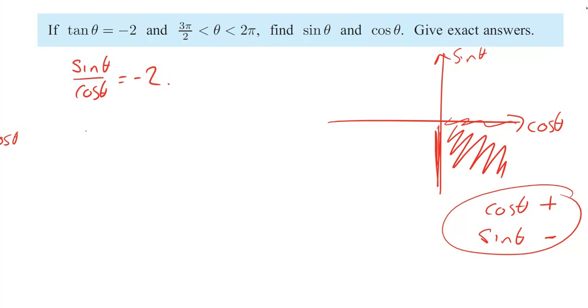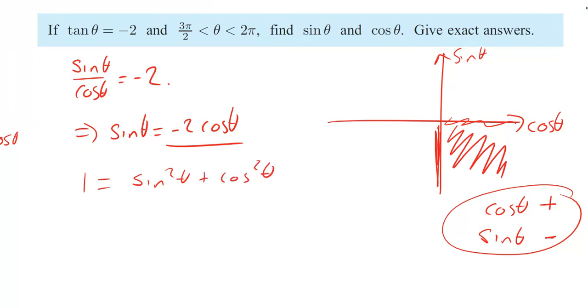And from there, we can move that around a little bit, and let's just say that sine theta is equal to -2 cosine theta. And what we're going to do now is when we see a sine theta inside that Pythagorean identity, we will swap it for the -2 cosine theta. So usually we have 1 is equal to sine squared theta plus cosine squared theta.